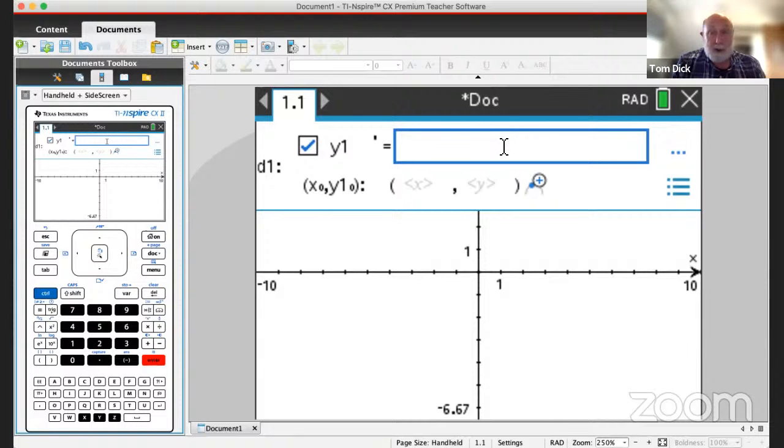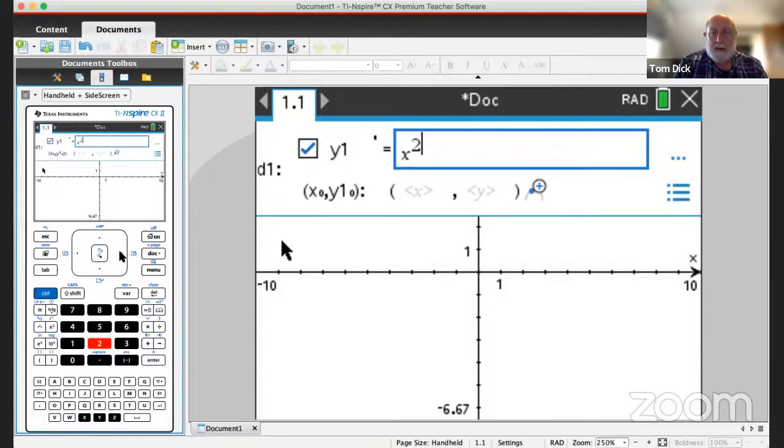This expression could involve both x and y. I'm going to start out just by putting in an expression with x. So let me try x squared, and I'm going to divide that by 4. Okay, so I've got x squared divided by 4.